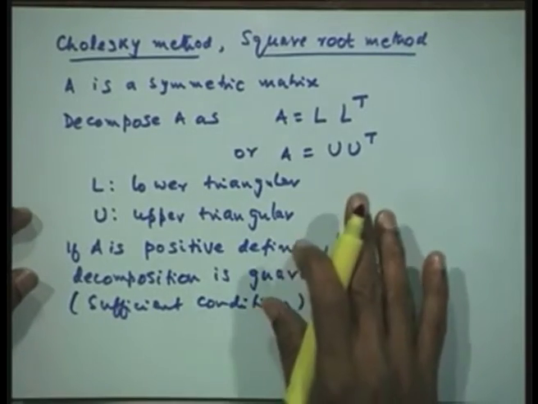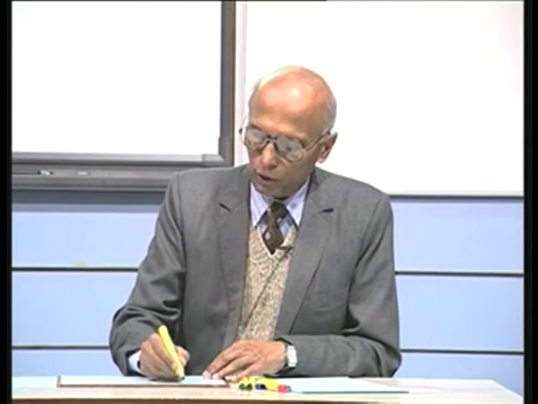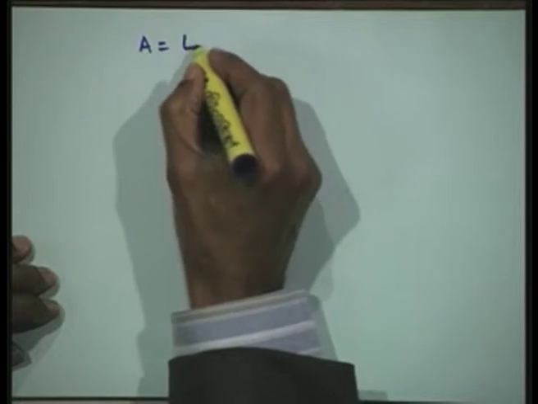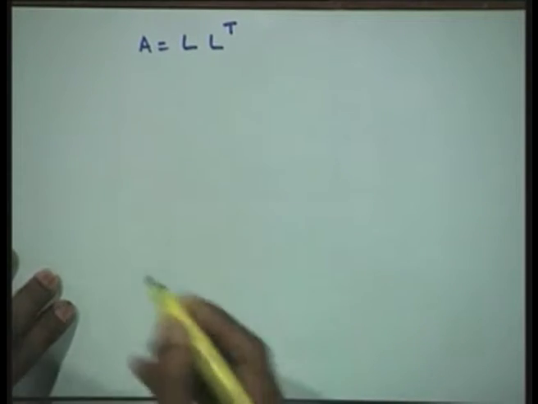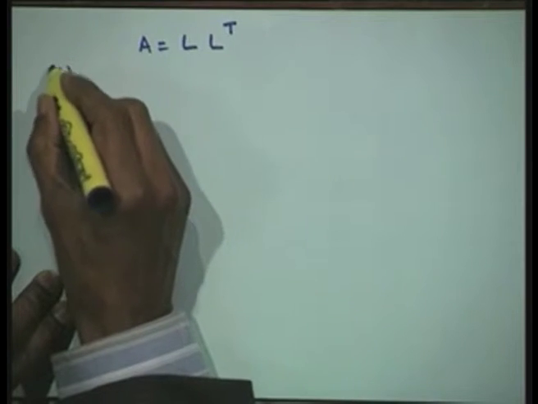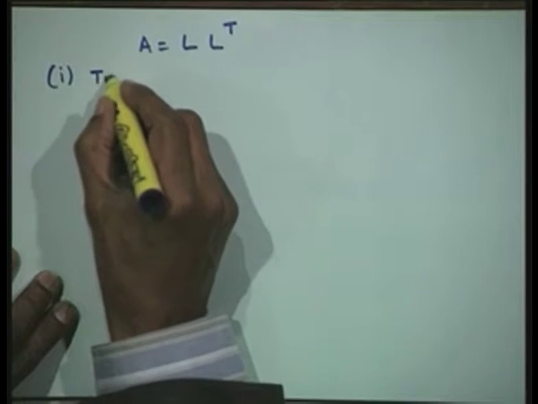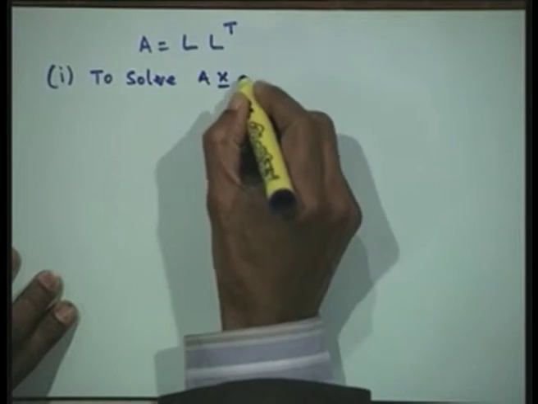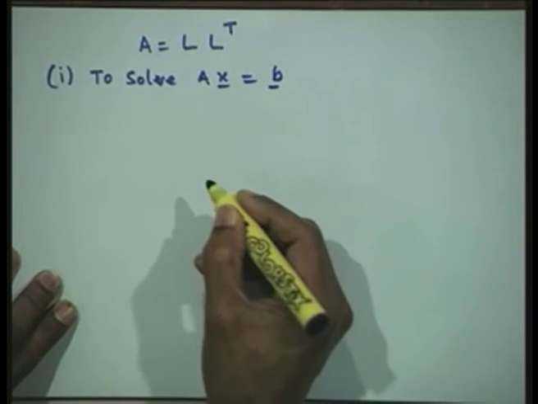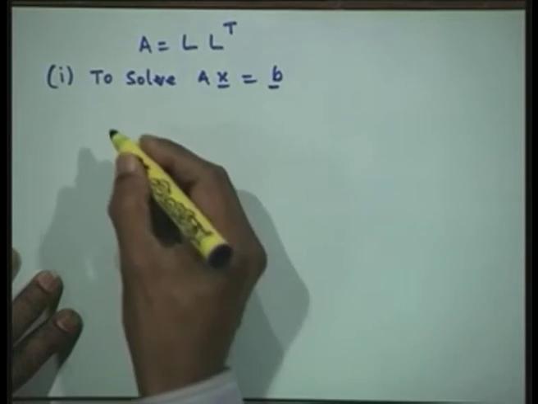Now suppose that we have decomposed A as L into L transpose. How do we use it further for the solution of the problem? Let us illustrate for A is equal to L into L transpose. We said that we can solve a system of equations or we can find the inverse. So let us try to use this to solve the system of equations Ax is equal to B. We follow the same way as in the LU decomposition.